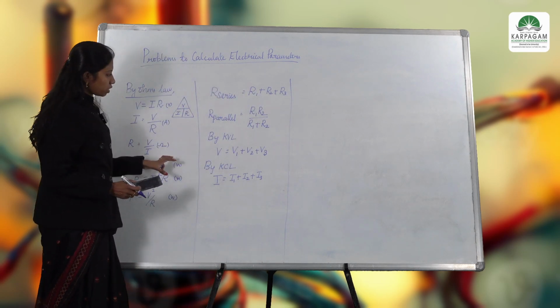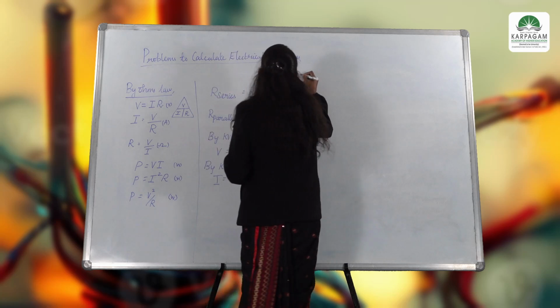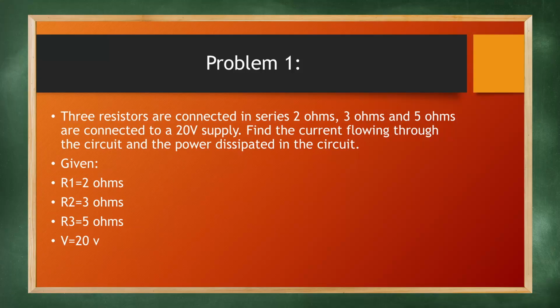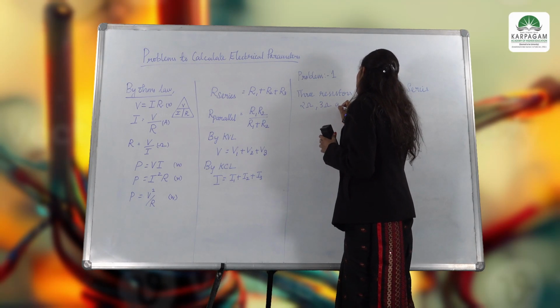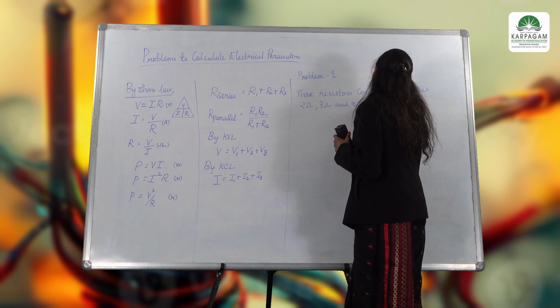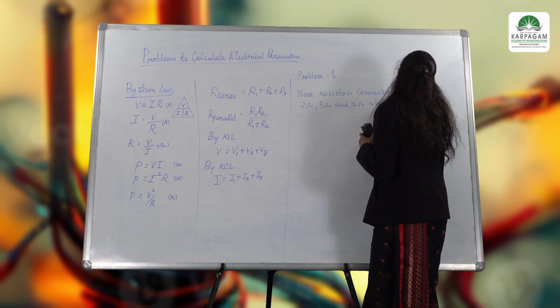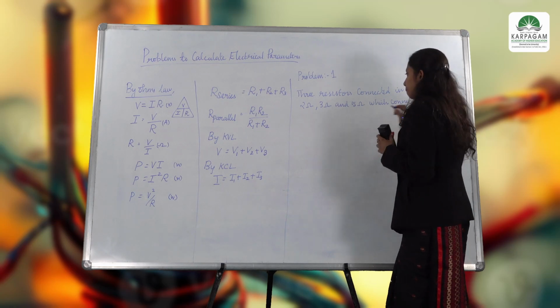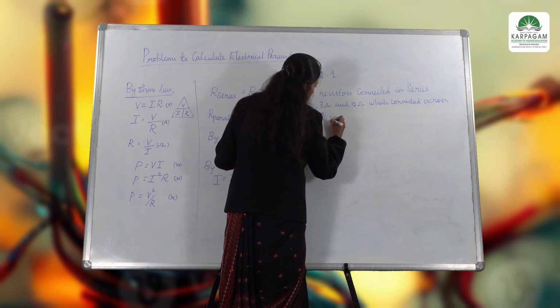So based on all these things, we are going to solve a problem. The first problem is: 3 resistors are connected in series, with values 2 ohms, 3 ohms and 5 ohms, and they are connected across a 20 volt supply. This is your voltage.